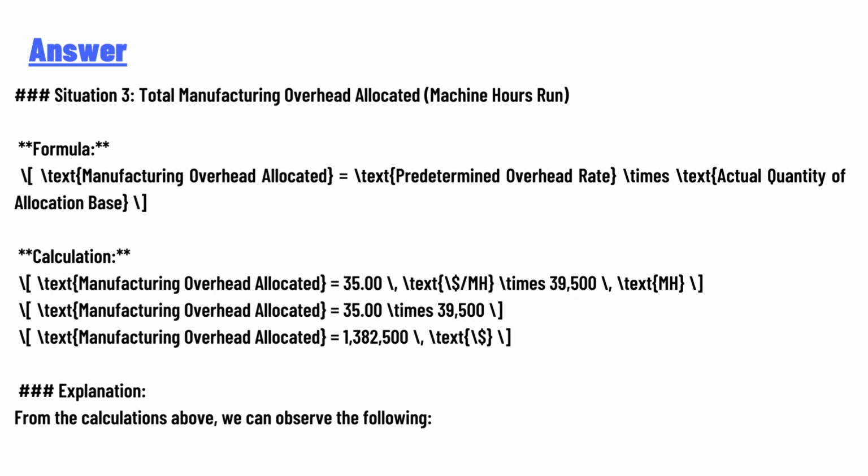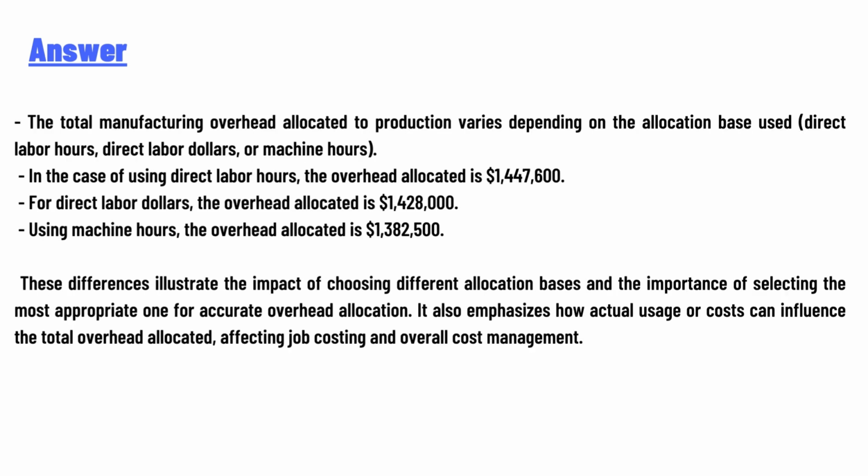Explanation for the calculation above: we can observe the following. The total manufacturing overhead allocated to production varies depending on the allocation base used: direct labor hours, direct labor dollars, or machine hours. In the case of using direct labor hours, the overhead allocated is 14 lakh 47,600. For direct labor dollars, the overhead allocated is 14 lakh 28,000.